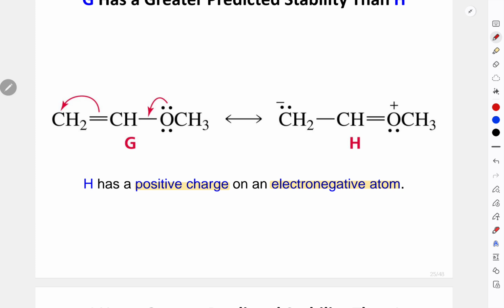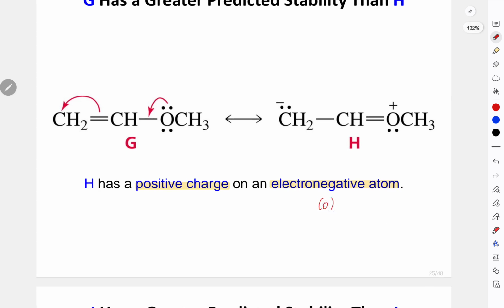This lone pair can also move, so you can draw the resonance structure H from G. After movement of the pi electron and lone pair, this oxygen will have a +1 formal charge, and this carbon will have a -1 formal charge. In this case, charges are separated in H compared to G.